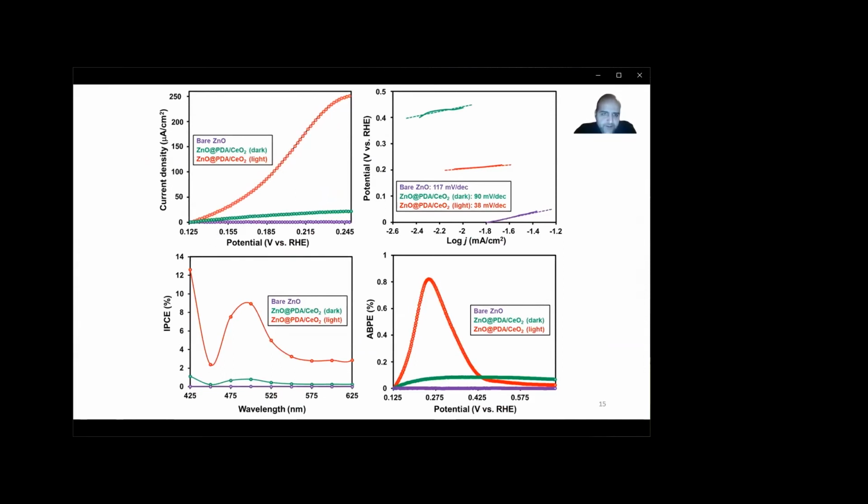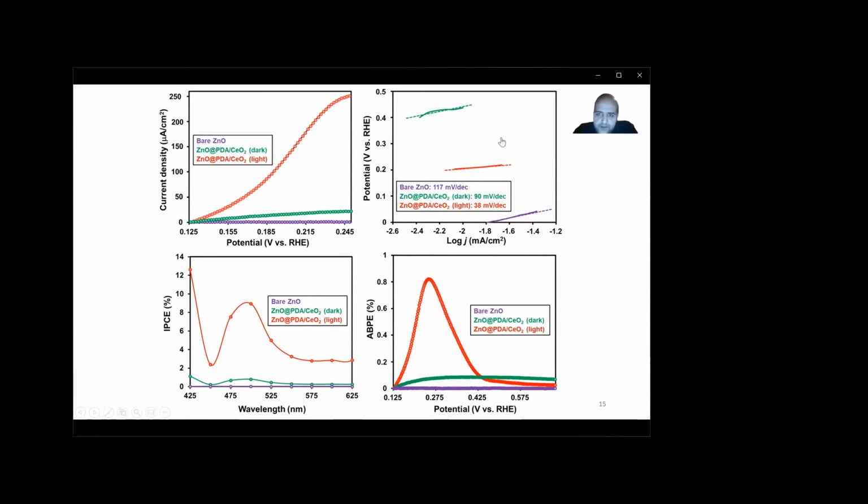As you can see, bare zinc oxide nanoparticles show no response. But our photocatalyst under dark shows a current density of approximately 25 microamperes per square centimeter. But when illuminated, the current density reaches up to 250 microamperes per square centimeter.